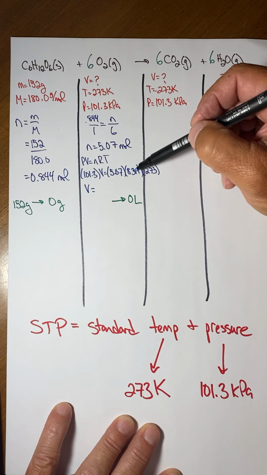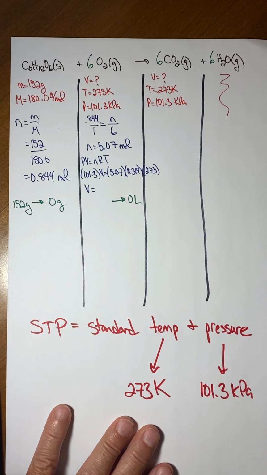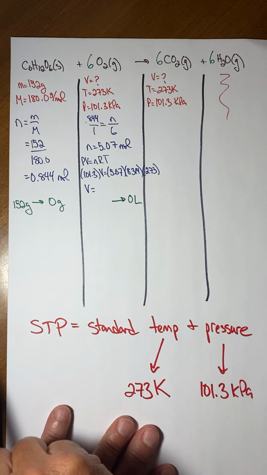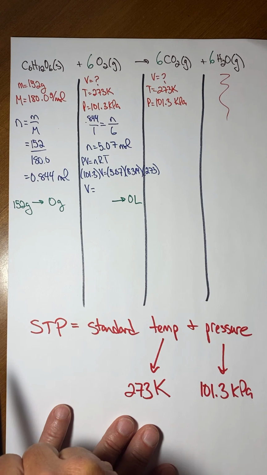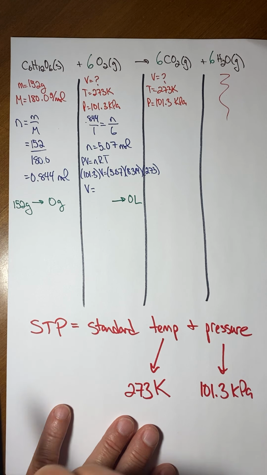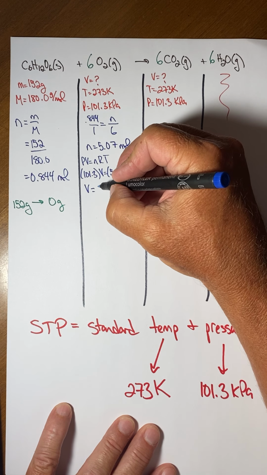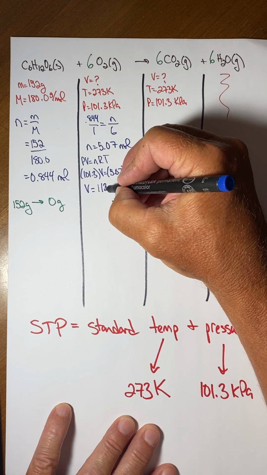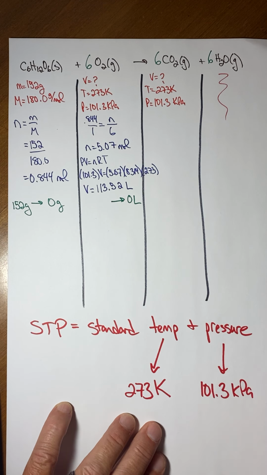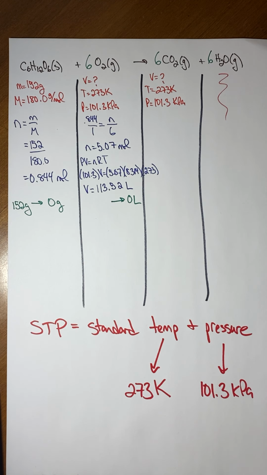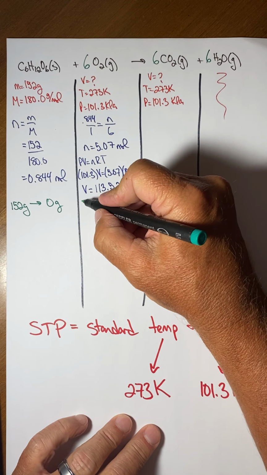So I'm going to multiply these three together and then divide by 101.3. So 5.07 times 8.314 times 273 divided by 101.3. And when I do that, I get a massive amount of oxygen gas I'm going to need. I'm going to need 113.52 liters. So that's how much I would have to start with.